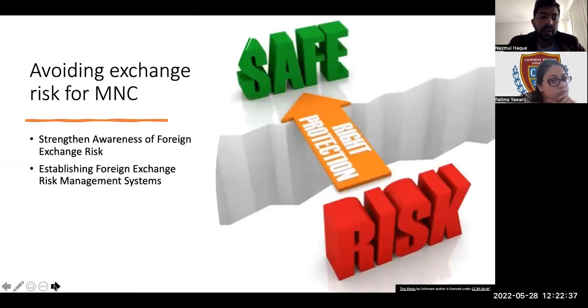Strengthen awareness of foreign exchange risk. Cultivating and enhancing the awareness of foreign exchange risk among corporate employees is the first step in managing foreign exchange risk, to achieve targeted and appropriate control before the formation of foreign exchange risk.